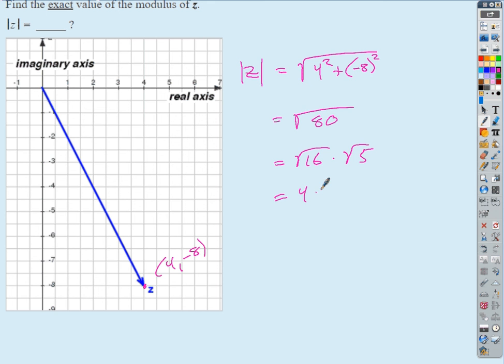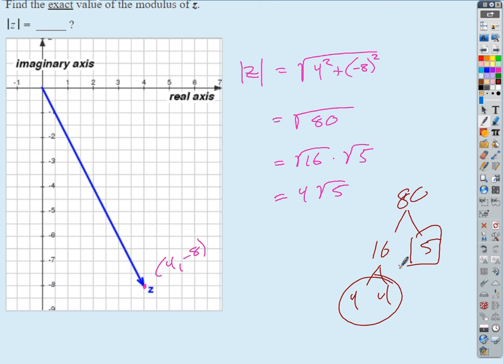So this is just equal to 4 radical 5. But we could have done that if we wanted to by making a factor tree out of that, right? We could have done 16 and 5, and 16 breaks into 4 and 4, so I get a couple of 4s and a single 5, right? Okay. What's that tell us? It tells us the size of that number, okay?